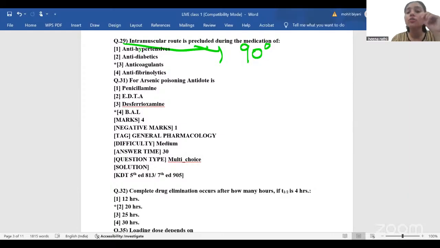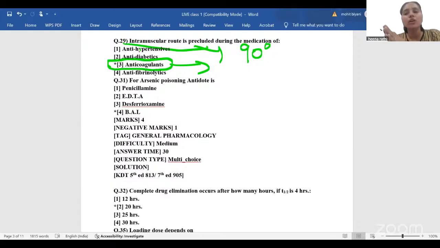So which drug should not be given by the intramuscular route? Antihypertensive drugs can be given by the intramuscular route. Anti-diabetic drugs can be given by the intramuscular route. But anticoagulants are not given by the intramuscular route. What are anticoagulants?